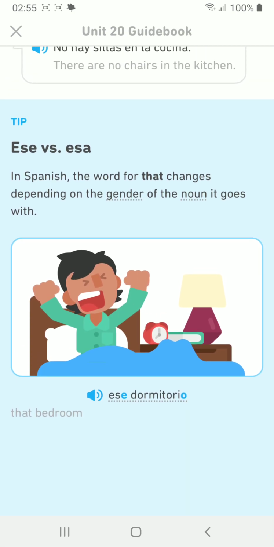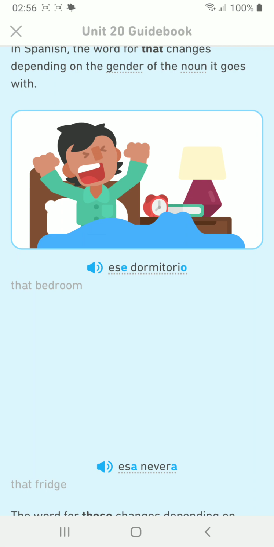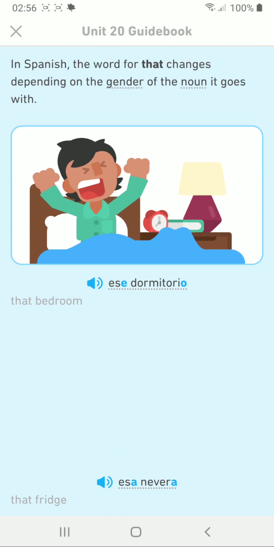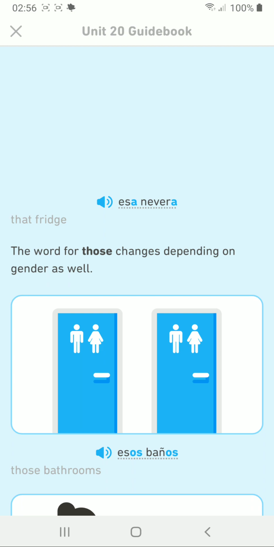Now, tip, ese and esa. That's what we saw. These are new descriptive articles. In Spanish, the word for that changes depending on the gender of the noun it goes with. So we know ese dormitorio, the bedroom, but we have also seen habitaciones, so there should be synonyms.